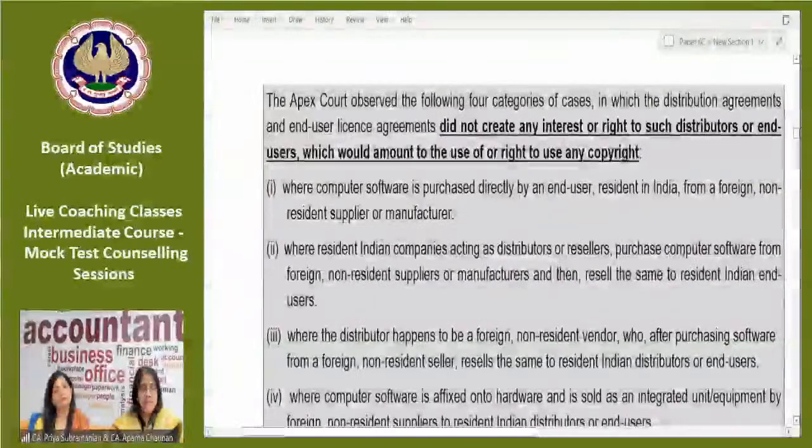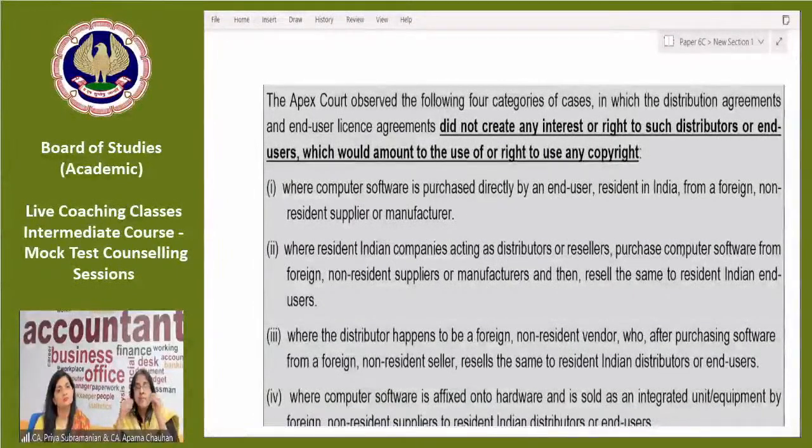In such a case, the Supreme Court decided that suppose the computer software is purchased by the end user resident in India from a non-resident company or a foreign company, or I'm an Indian distributor purchasing from a foreign supplier and then giving it to an Indian end user, or I'm a foreign distributor who purchases from a foreign vendor and later on gives it to the Indian distributors or end user, or the software is affixed to the hardware and it's sold as an integrated unit.